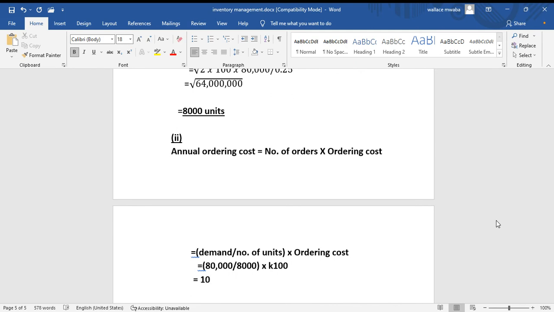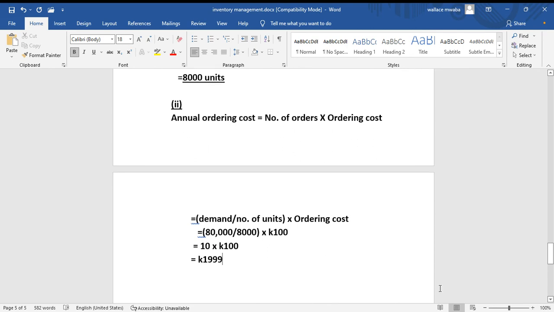So in a year, we're only going to make 10 orders times 100 kwacha. We get 1,000 kwacha. So that's the annual ordering cost.